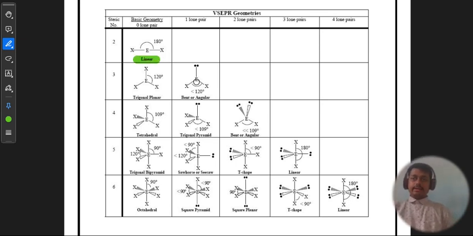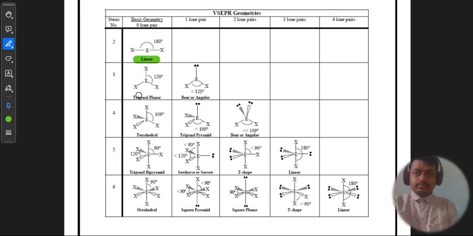If we have three side atoms and no lone pair, that is three bond pairs, zero lone pairs, then it will form a trigonal planar shape where the bond pair angle is 120 degrees. If there is one lone pair, because of repulsion, the angle will be less than 120 and the shape will be angular or bent.